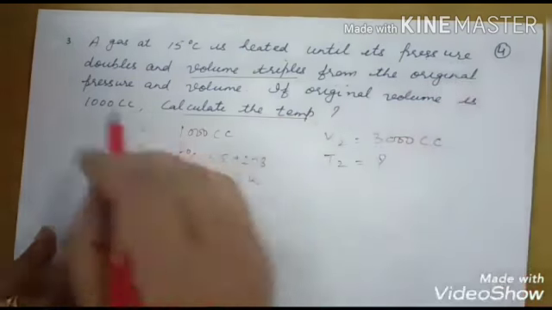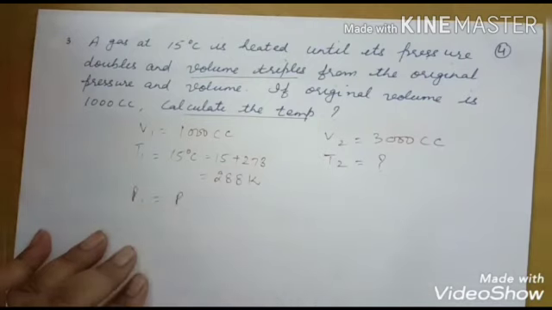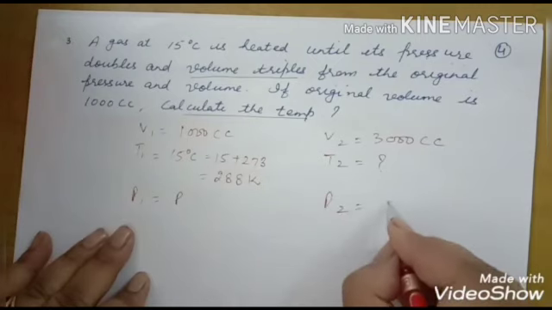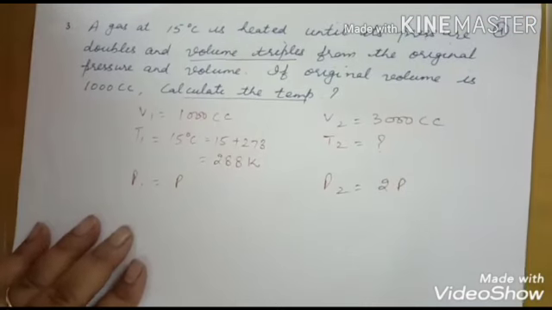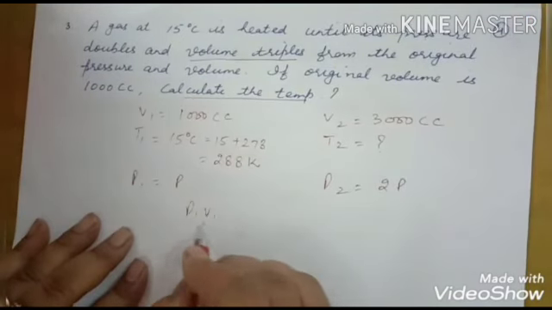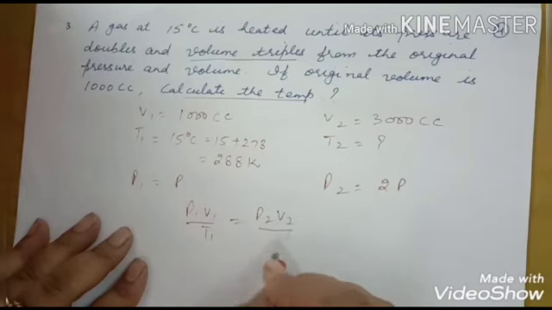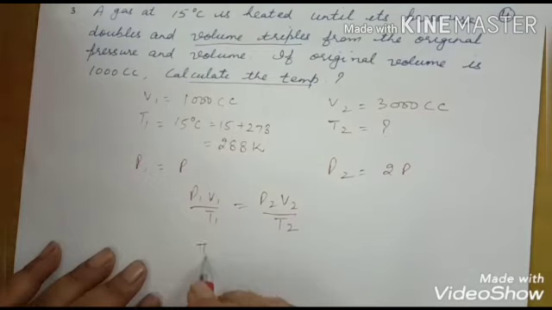The pressure doubles. So let us take P1 as P, the initial pressure. P2 becomes double, 2P. So we have P1 V1 upon T1 is equal to P2 V2 upon T2, or you can say T2 is equal to P2 V2 T1 upon P1 V1.